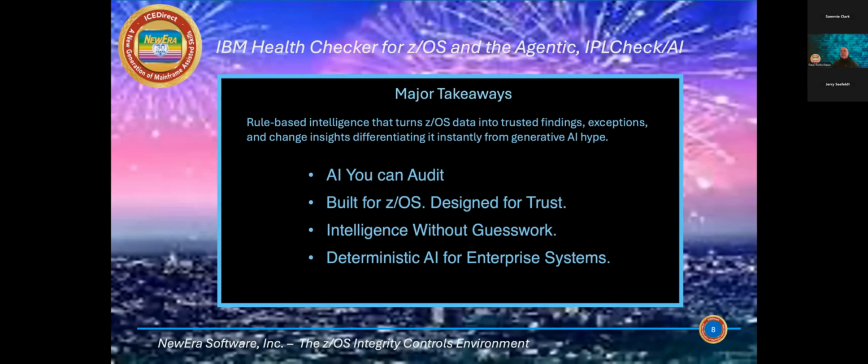But this is not generative AI. This is not a bunch of hype. This is something we've been doing for quite a long time. It's stuff you can trust. It's built for z/OS, runs on-prem so you can trust it, and provides intelligence to you without any guesswork. It's deterministic across your entire z/OS enterprise.